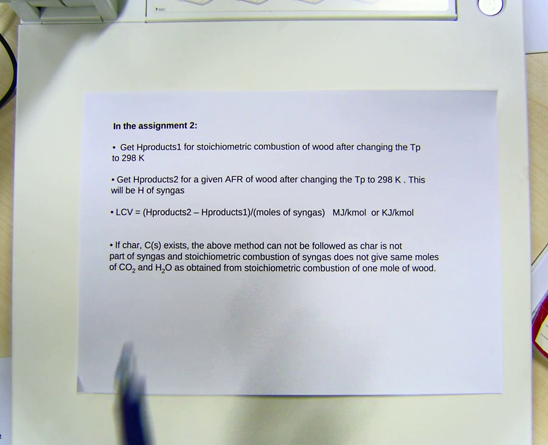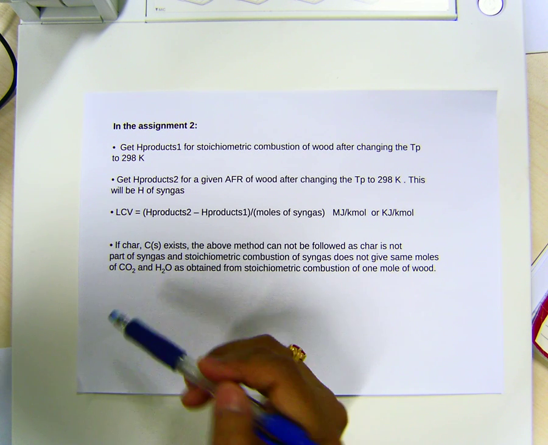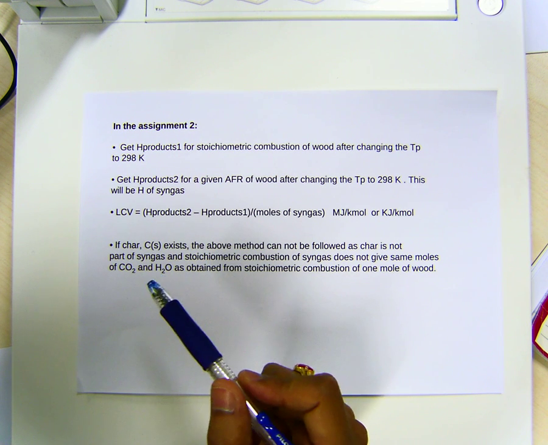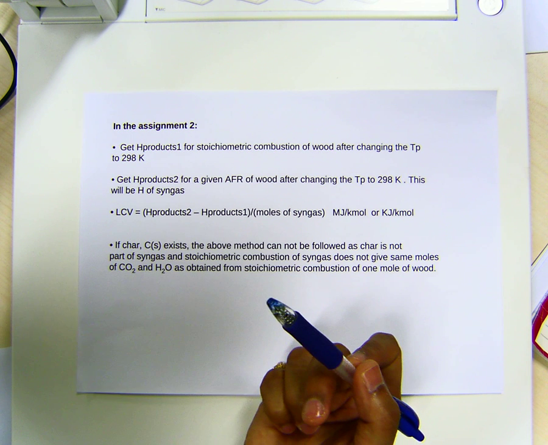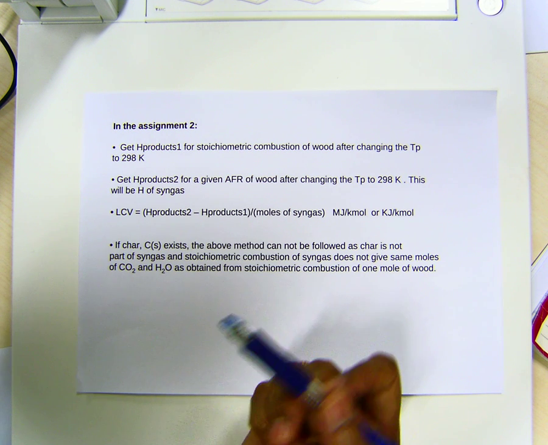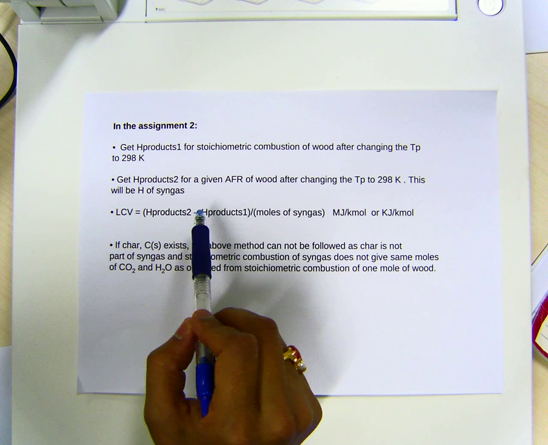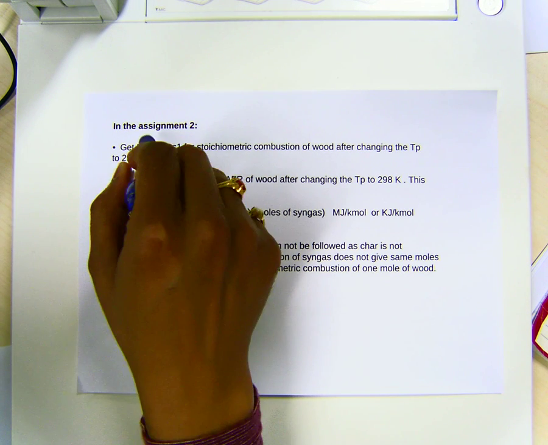One more important thing is that most of the time, if the air fuel ratio is slightly higher, solid carbon char will not form; the char will be almost zero. If char is there, you can't follow the above 3 steps in SMN2. You can't calculate LCV like I mentioned in the above 3 steps.